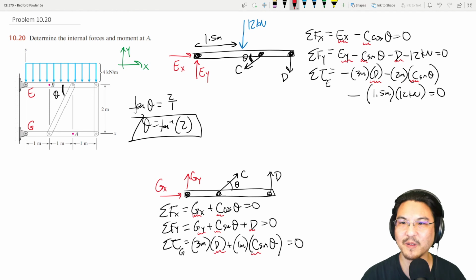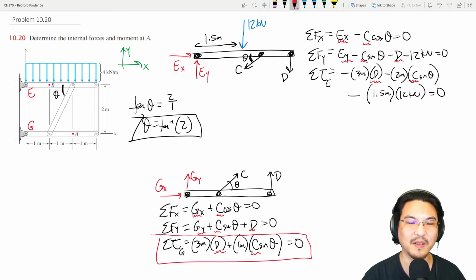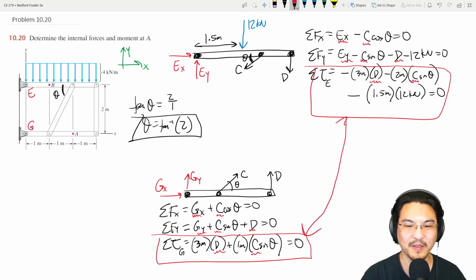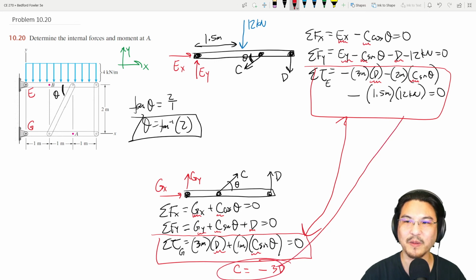Okay, so how do we solve? Let's see, so look at this equation here, this equation here. Two equations, two unknowns to solve for C and D. So for example, you say C is minus 3D. And then take that and put it right here.